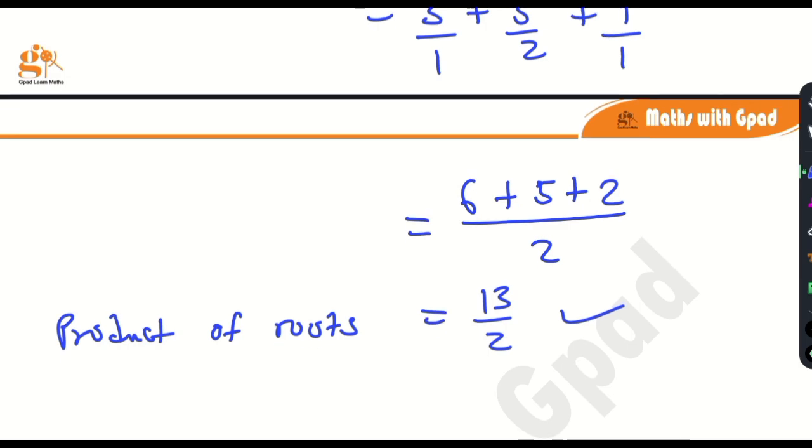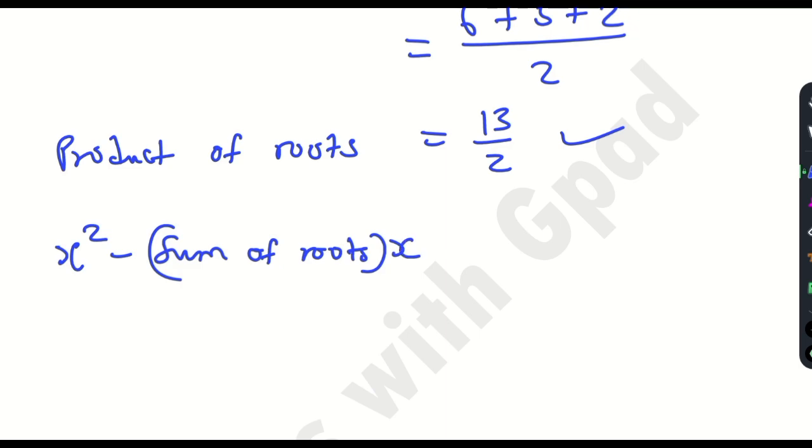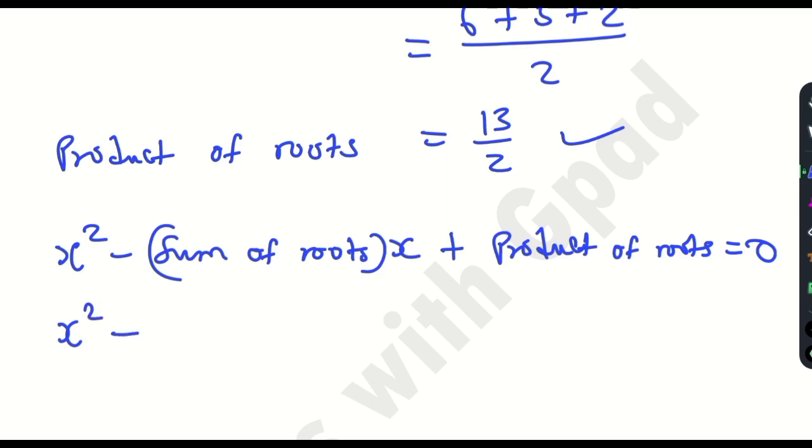13/2. Now remember what I told you about the general form as what? x squared minus sum of roots x plus product of roots is equal to 0. So let's now get the other equation from this. Now x squared minus, what is the sum of roots?